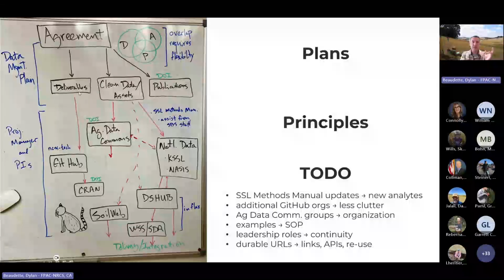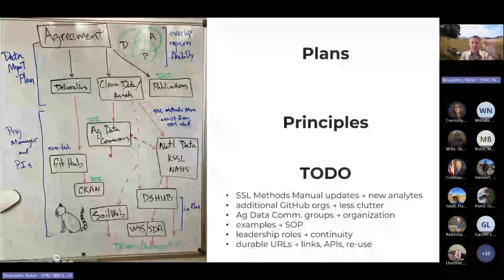Recognizing that what we call deliverables, what we might call cleaned up data sets or assets, and publications, these things all share a lot of overlap, right? So even though I've made boxes and arrows here, we all understand that there's going to be overlap, and that's going to require some flexibility in the way we adapt our data management plans according to a set of principles, maybe yet to be written up, as we flow through this.